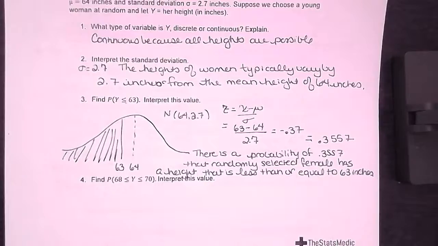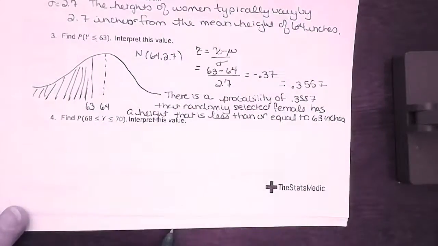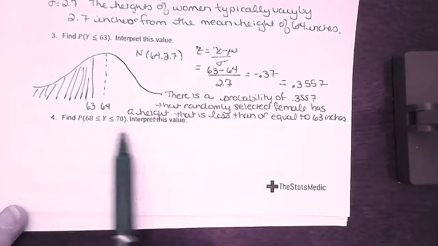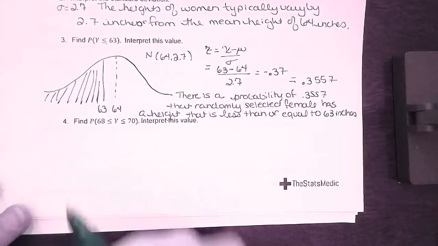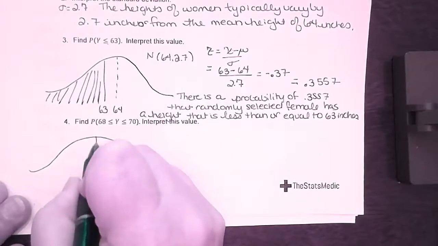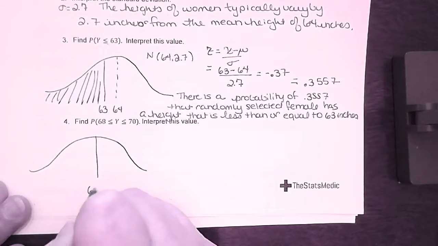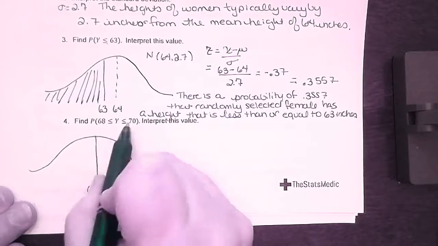Okay, so now we have to find a value. Let's interpret the value where it's in between these two values right here. So let's draw the normal curve. Remember, you can't do this without drawing the normal curve. So you draw your normal curve, right? You have your mean at 64, right? And we want to see it's between 68 and 70.